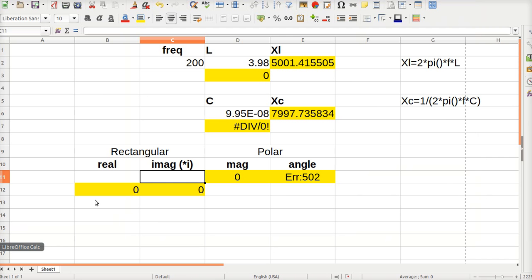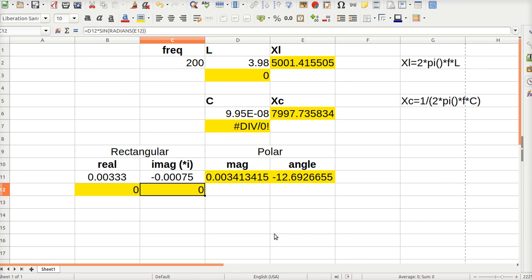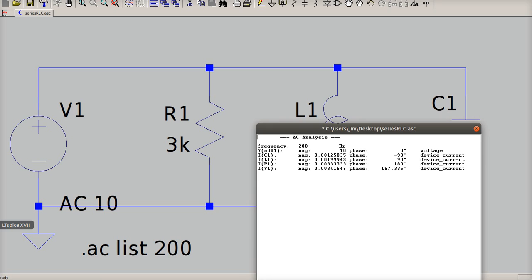So I go here and I do 0.00333 and then minus 0.00075. And you see I get about 3.4 at an angle of minus 12 or minus 13 degrees, which is exactly what I'm getting here for the total.